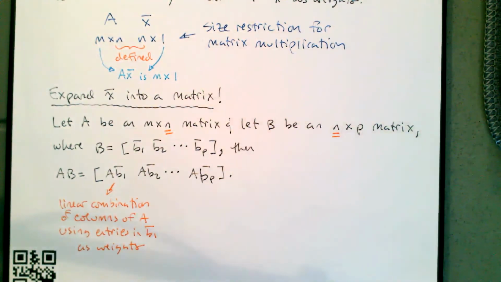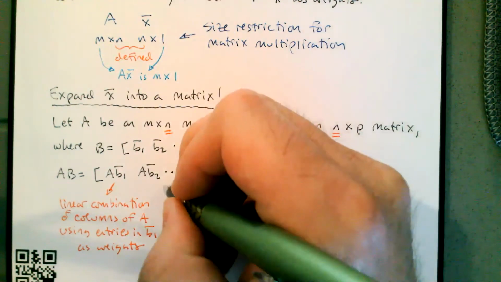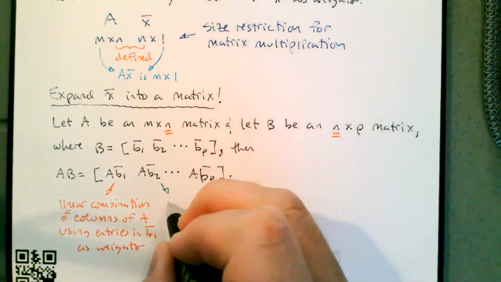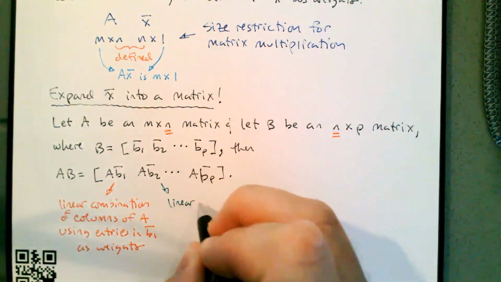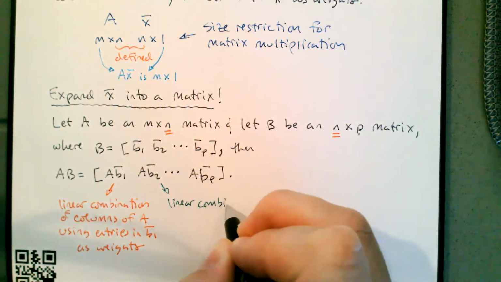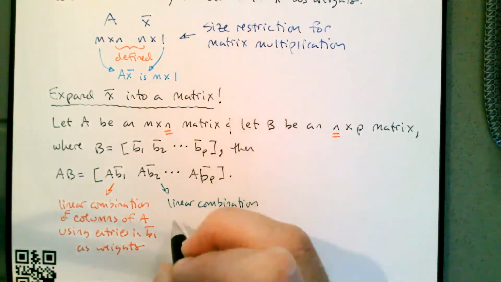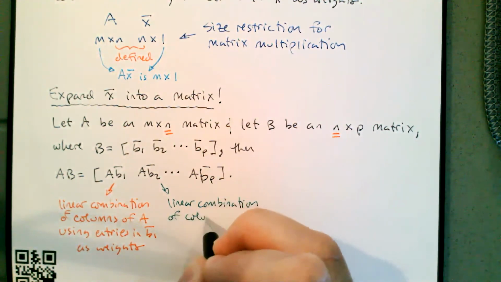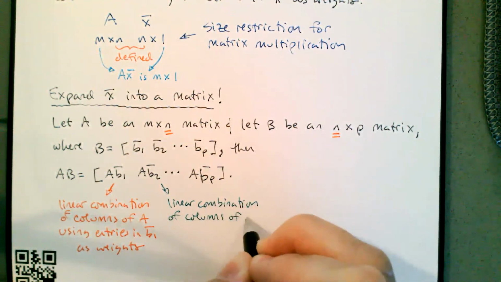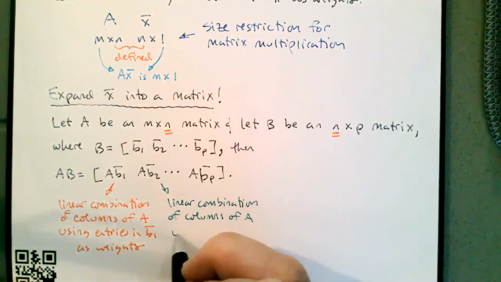Then the second column of AB is a linear combination of the columns of A using the entries in B2 as weights.